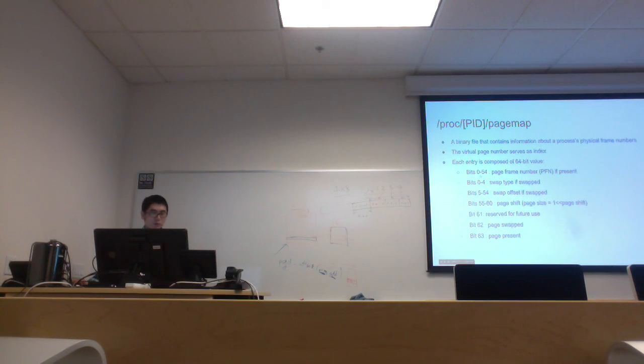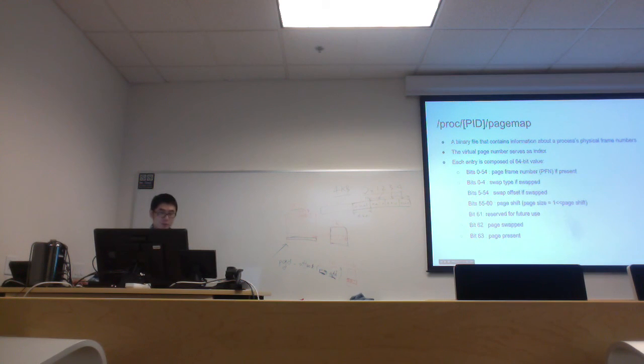Bits 0 to 54 are the physical page frame number, if the physical page is there. And the index is the virtual page frame number. And if the page is swapped, you can use the upper bits. Bit 63 denotes whether the page is present. If it is not present, there are many reasons. It can be not mapped at all, or it can be swapped.